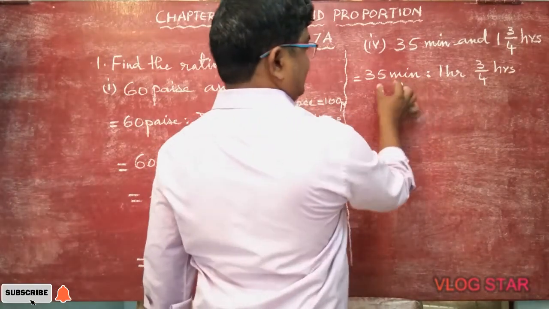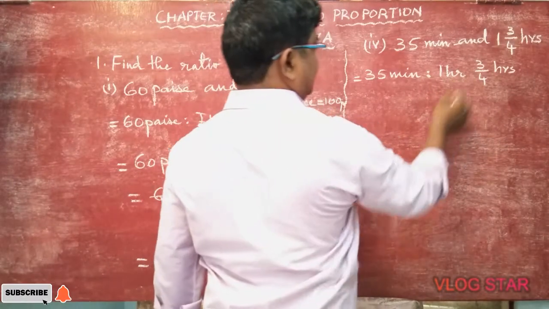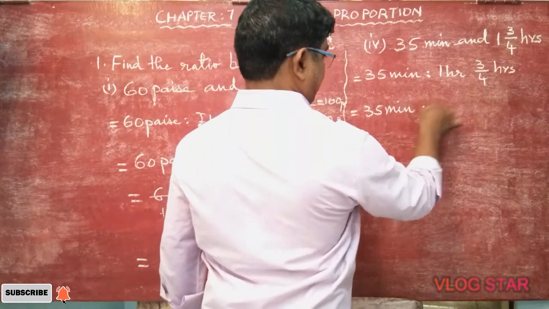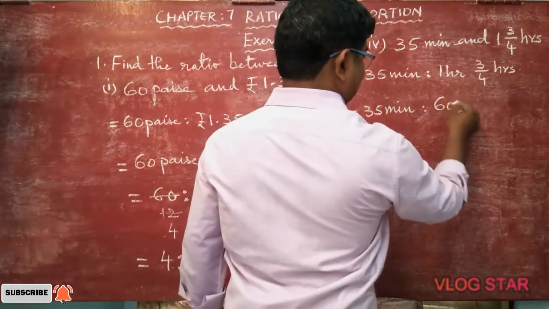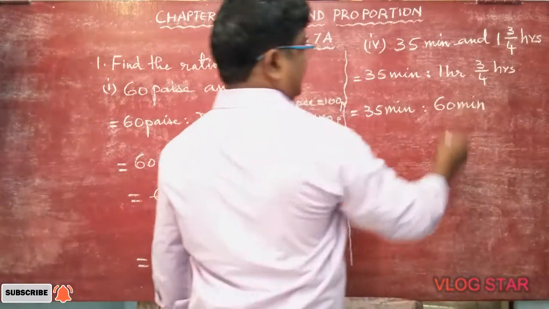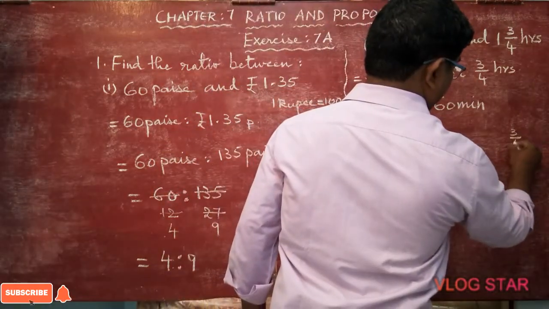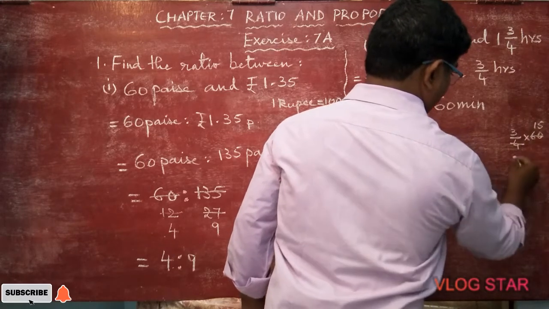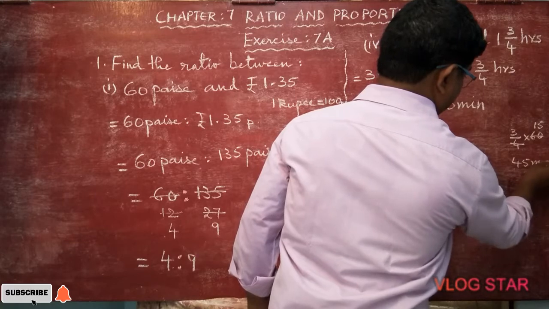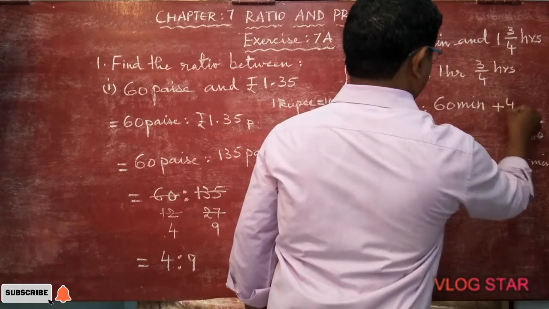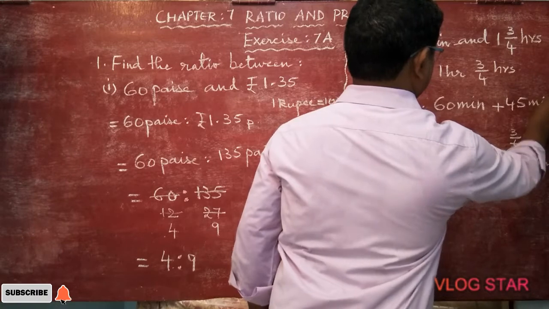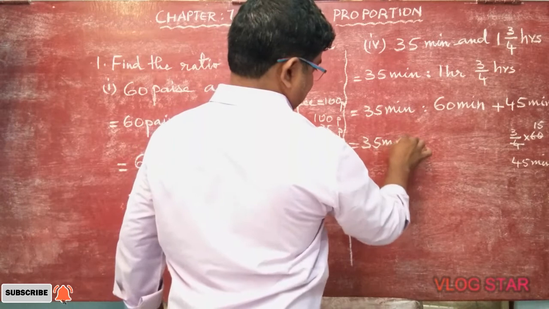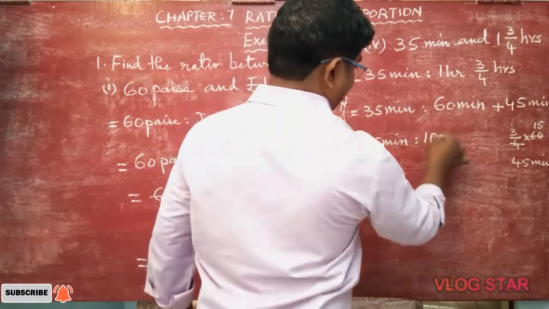Here minutes would come into decimal, so convert hours into minutes. 35 minutes. 1 hour means 60 minutes. 3/4 of an hour, 3 by 4 into 60. 4 goes 15 times, 45 minutes, plus 45 minutes. Total how many? 35 minutes is to 105 minutes.